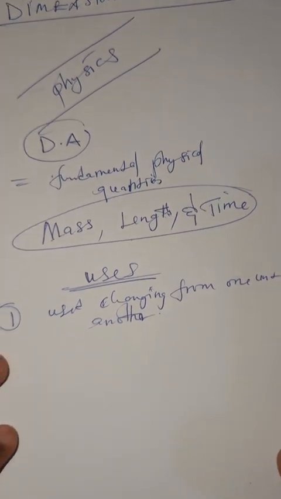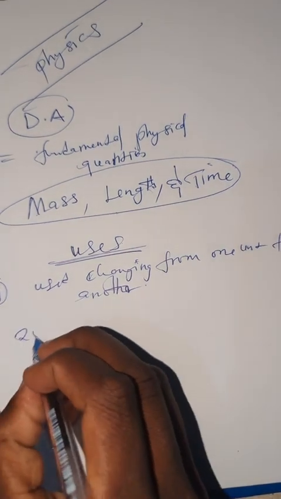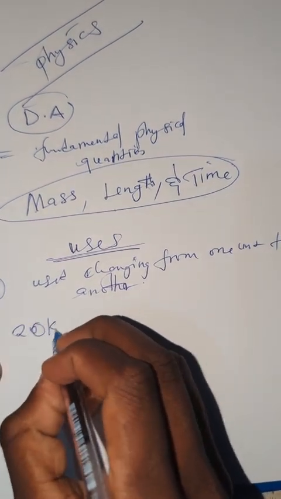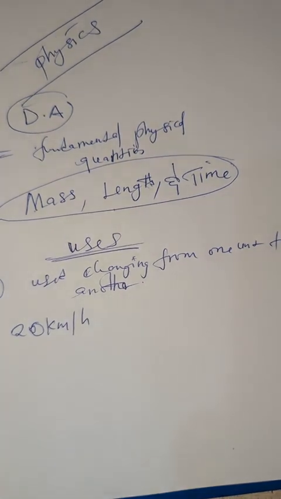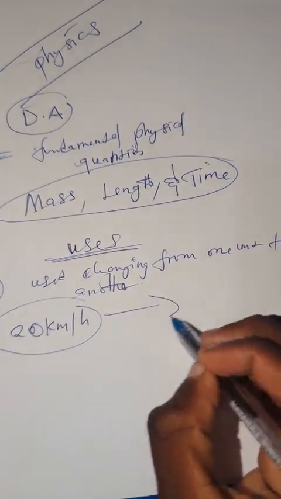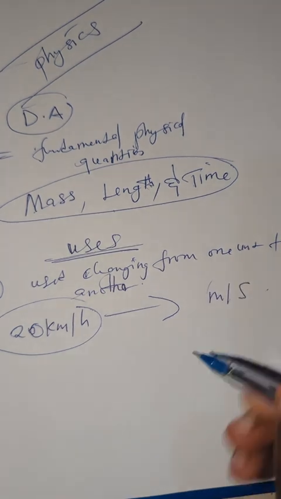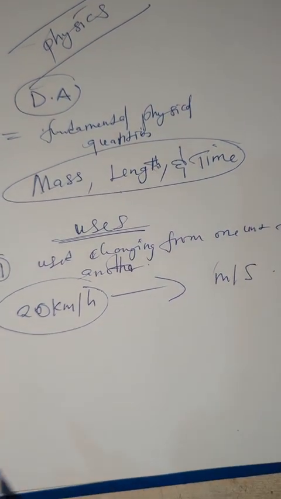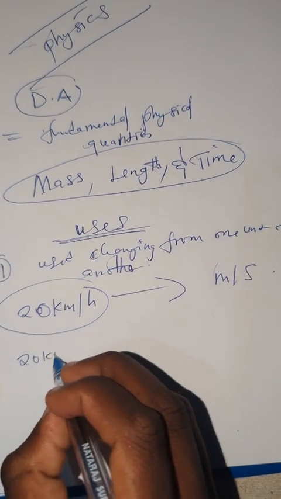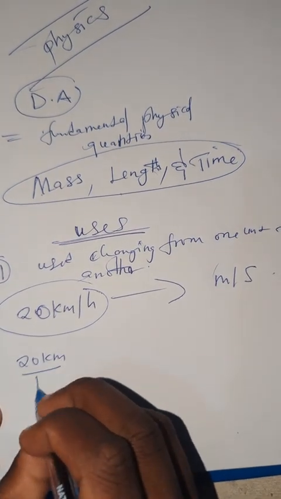For example, let's say we have 20 kilometers per hour, and we want to change this to meters per second. How do we do it? We write 20 kilometers over 1 hour.